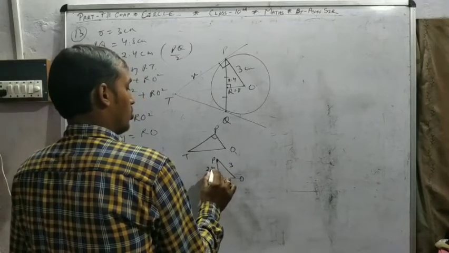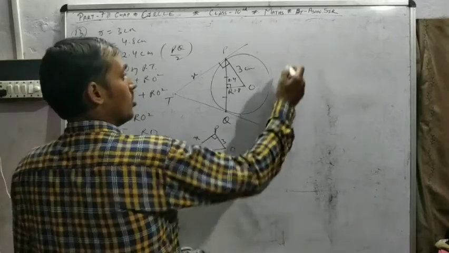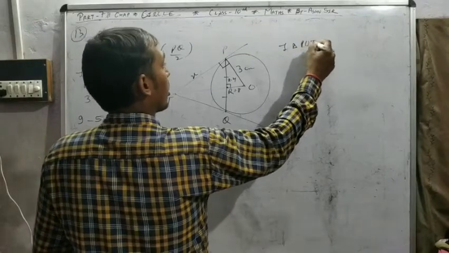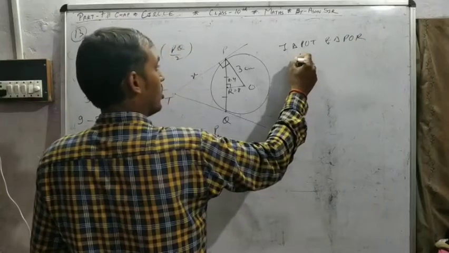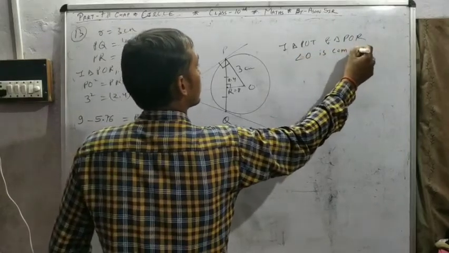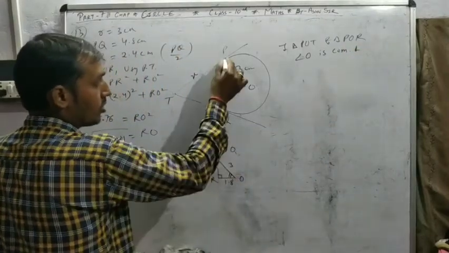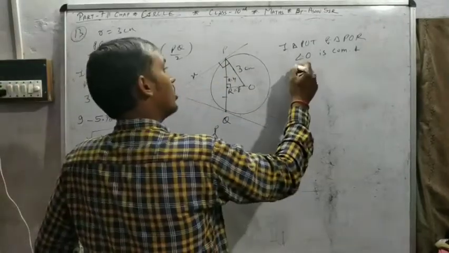3, 2.4, 1.8, 3 and X. So firstly we take both triangles as similar, triangle POT and triangle POR. Angle O is the common angle between both triangles, small and big, and one angle is 90.